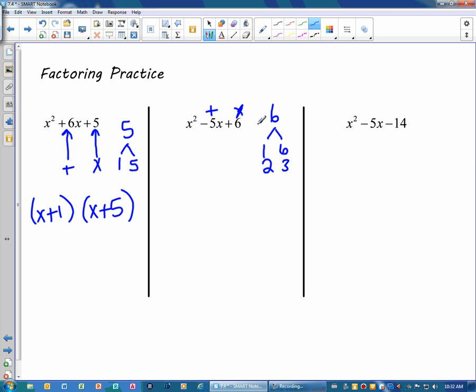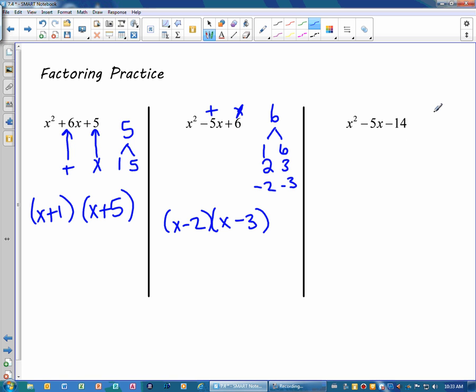Okay, so 2 times 3 is 6, but 2 plus 3 is not negative 5, it's positive 5. But hopefully you're thinking, but wait a second, negative 2 and negative 3 multiply to positive 6, because when you multiply two negatives, they make a positive, and negative 2 and negative 3 add to negative 5. So, factored form, x minus 2, x minus 3.